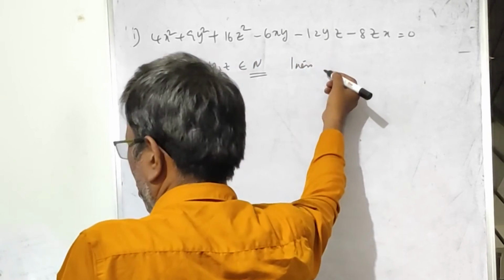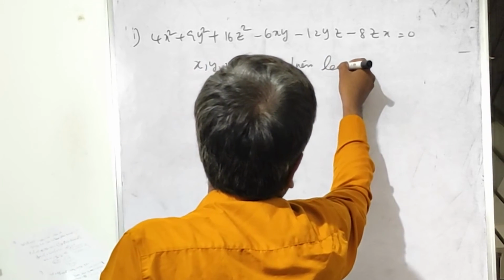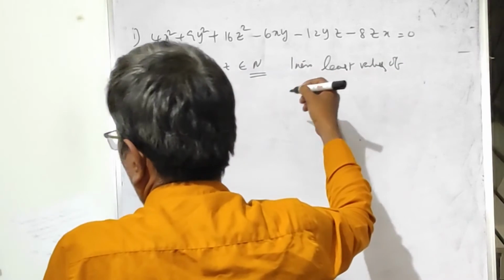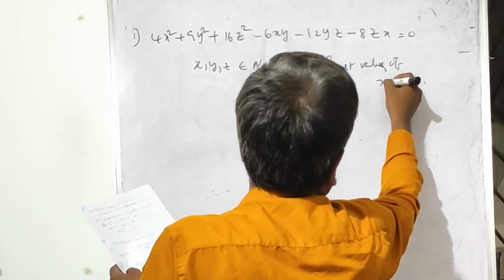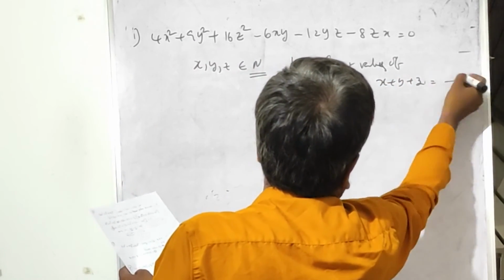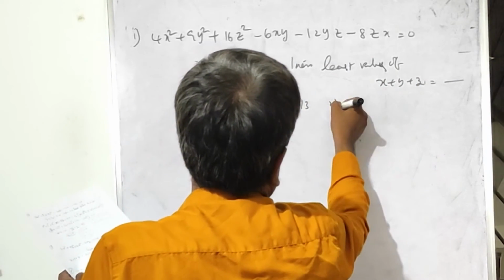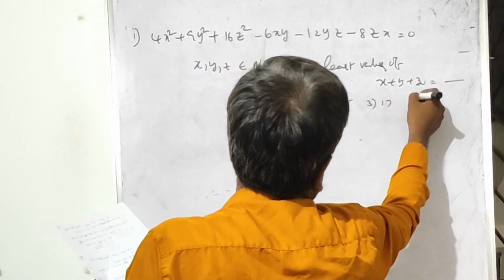Then the least value of x plus y plus z is asked. The options are 13, 15, 17, 19.